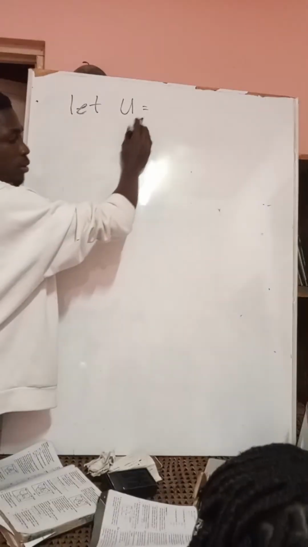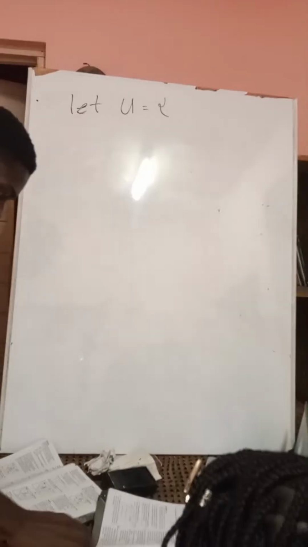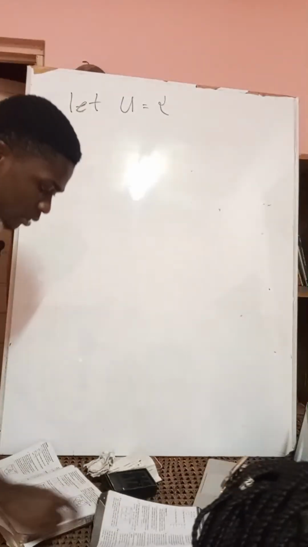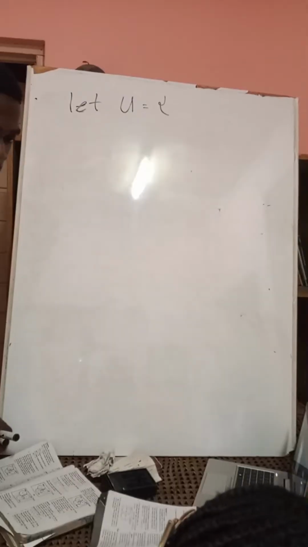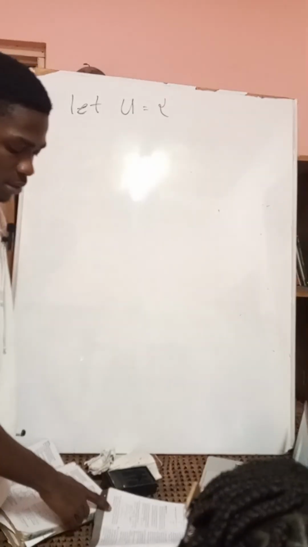When you start, let U be equal to the union. The question says that in a market of 20 sellers, what are you talking about? Sellers.